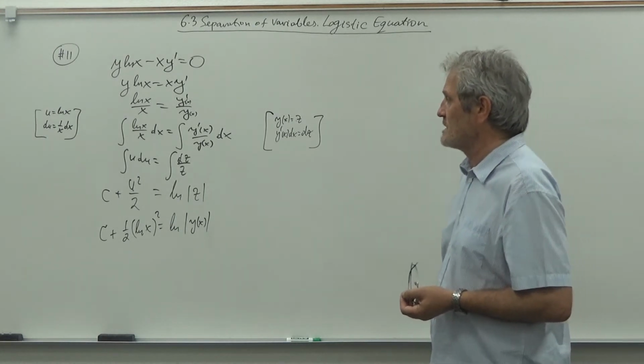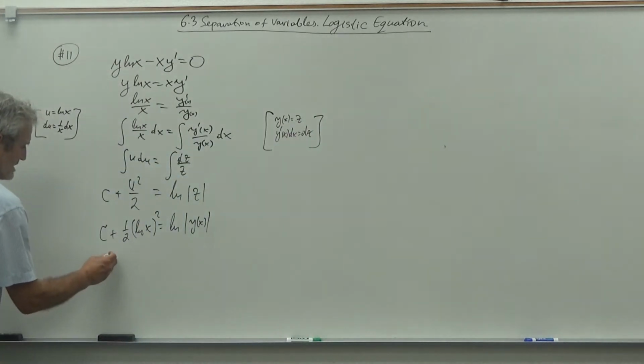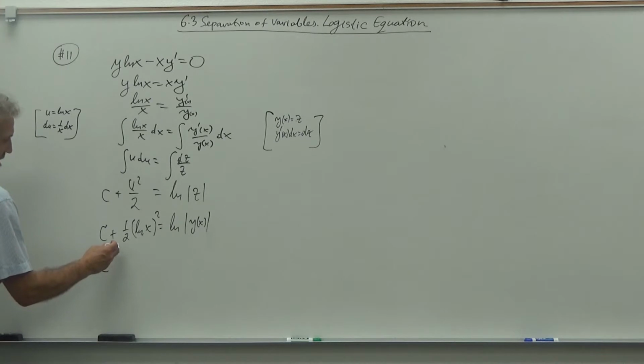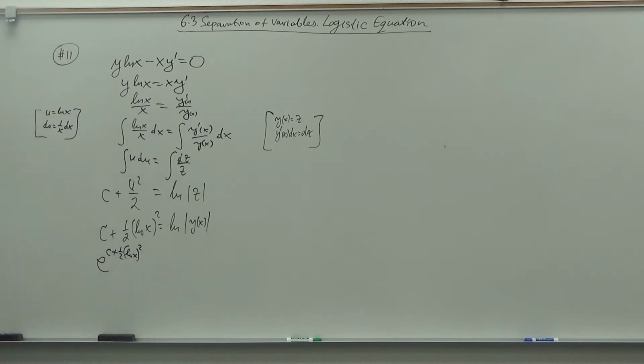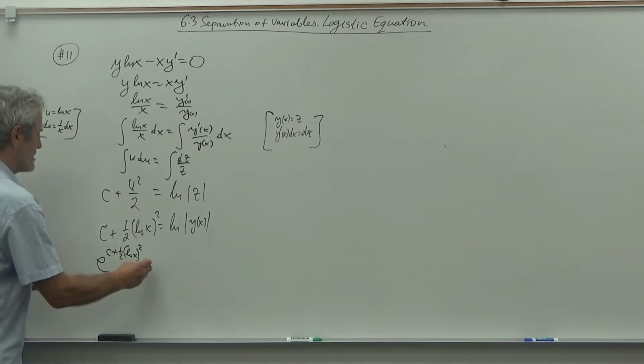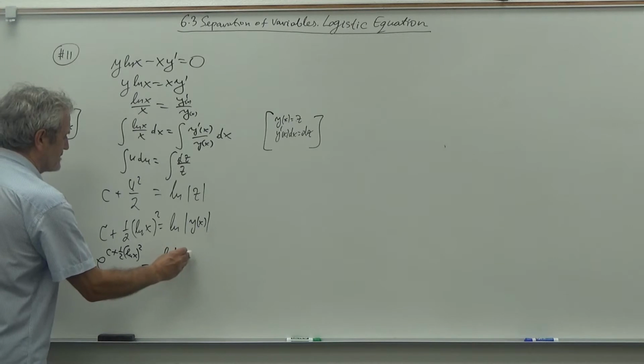So what do we do? We raise both sides to e. Okay, let me raise it carefully. e to the C plus 1/2 ln squared x equals e to the ln absolute value of y.